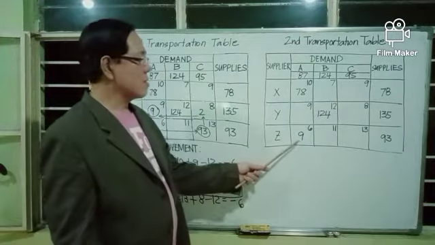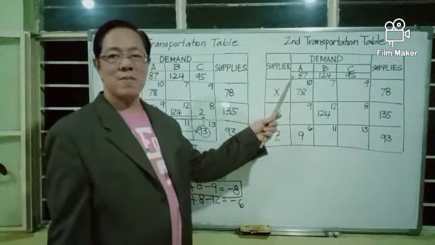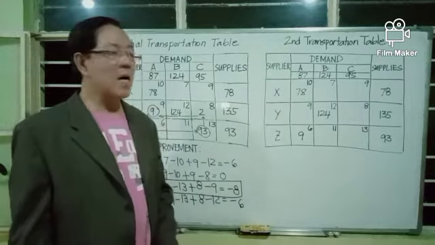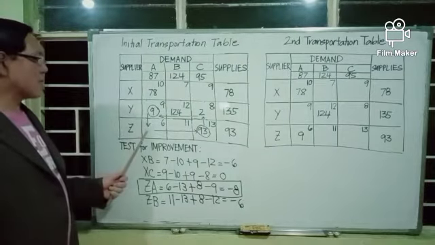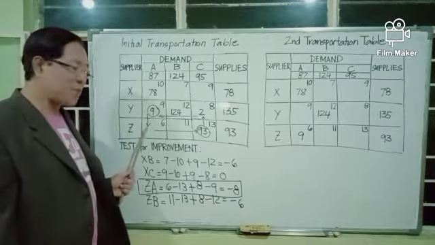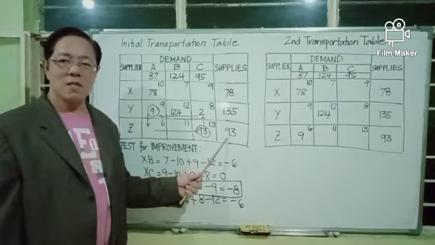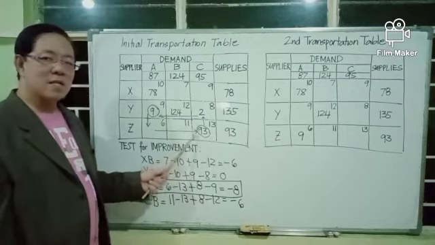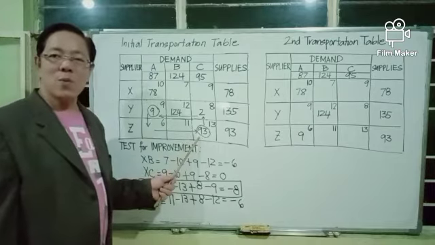Now you check, 9 plus 78 is 87, which is the total demand of customer A. Because we place 9 units here, if you add 9 to 93, the sum would not be 93. So we change 93. The number 93 has to be changed to what number?